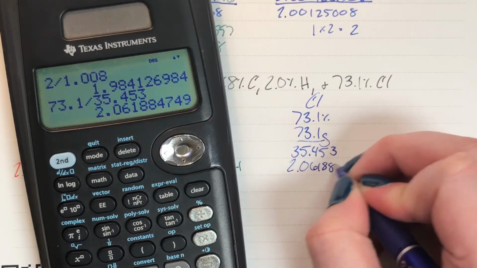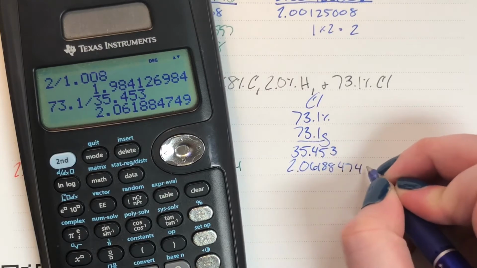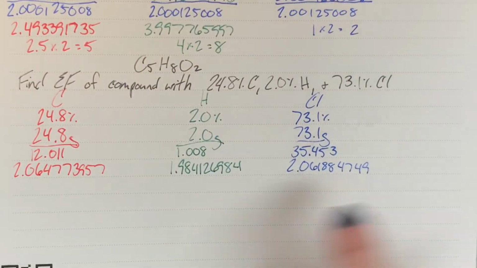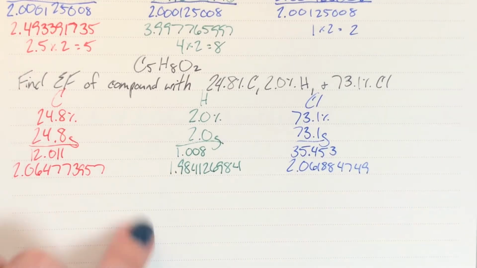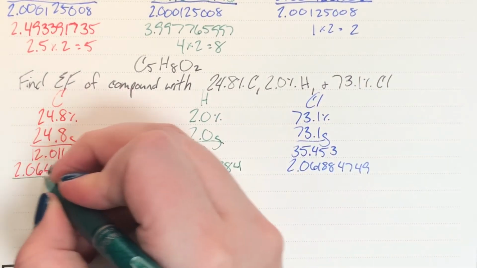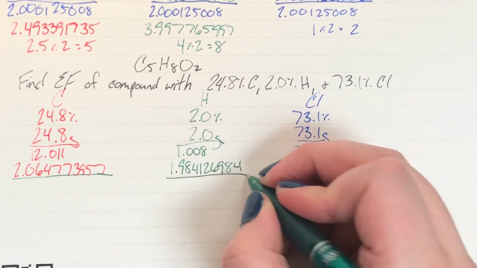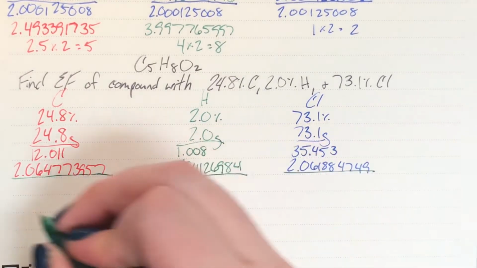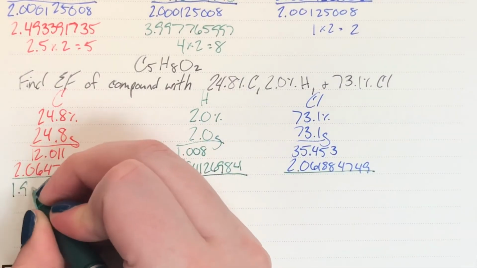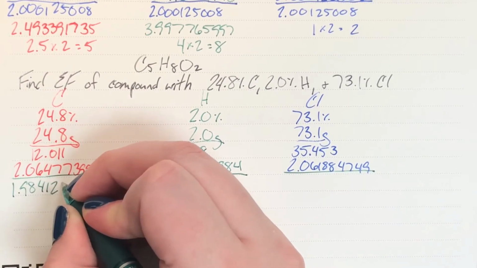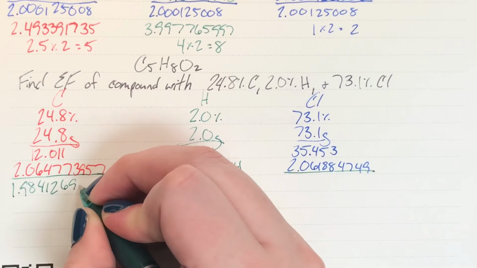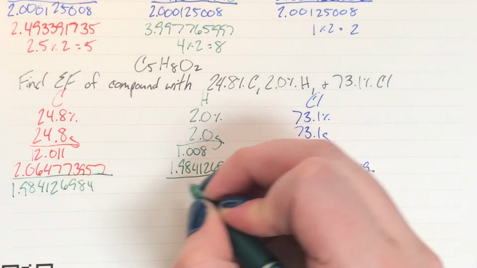Okay. When I'm looking at these, I can see that my smallest number is going to be that of hydrogen, so I'm going to divide all of my numbers by hydrogen's, which was 1.984126984.